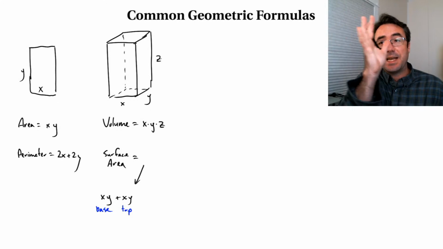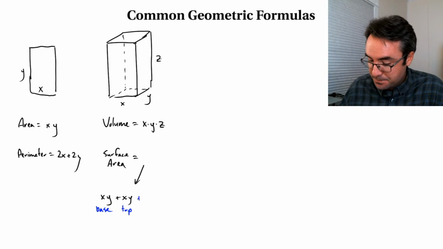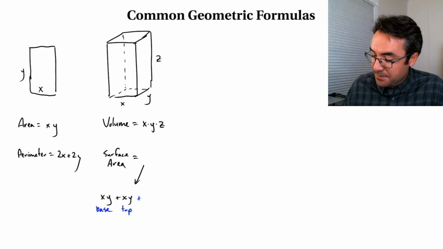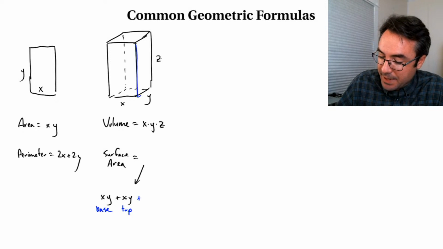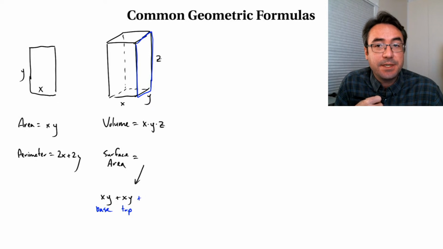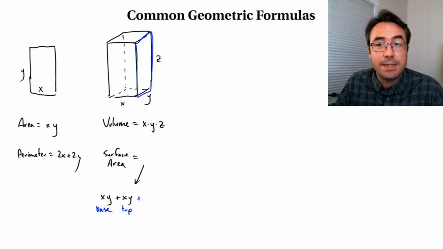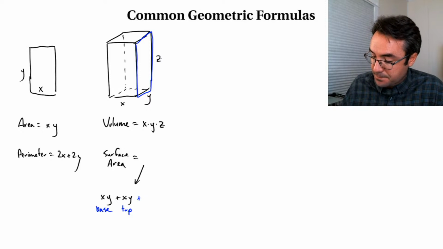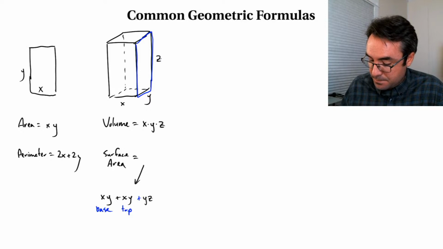So what about the right side and the left side? Well, if we look at the right side of this rectangular box, it is a rectangle with dimensions y and z. So to get the area of that right side, it would be y times z. And same for the left side.